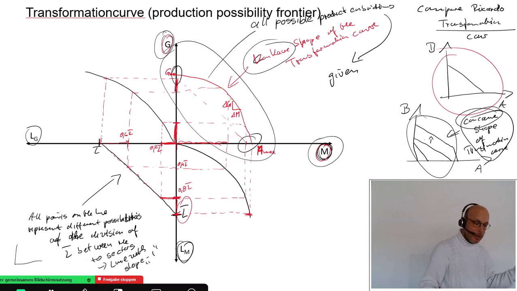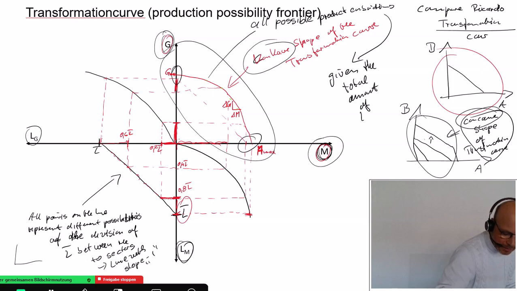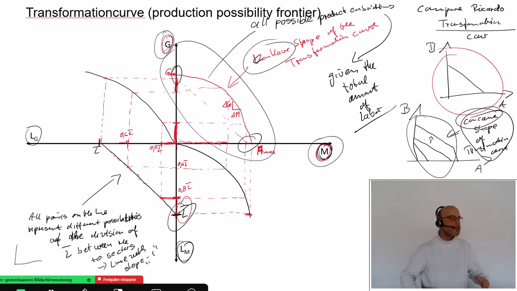The labor, yes, great. Given the total amount of labor. This is constant behind. So this is conceptually totally the same as you have done it in your micro course. Only that in your micro course you had a convex shape and now we have a concave shape.